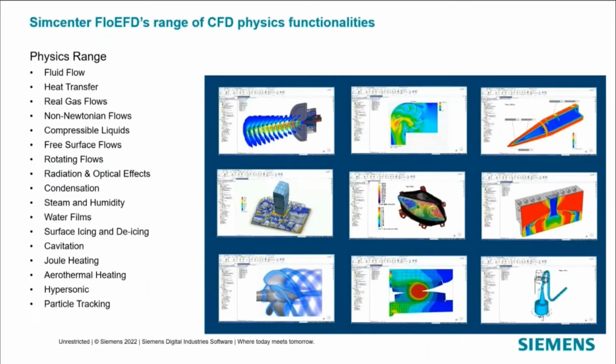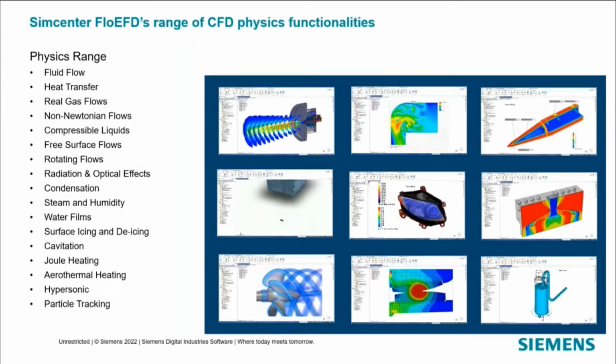Let's talk about Flow EFD's range of CFD physics functionalities. The exhaustive physics range of functionalities and capabilities include fluid flow along with heat transfer, real gas flows, Newtonian as well as non-Newtonian flows, compressible and incompressible liquids, free surface flows, rotating flows, radiation and optical effects, condensation, steam and humidity, water films, surface icing and de-icing, cavitation, Joule heating, aerothermal heating, hypersonic, and particle tracking.